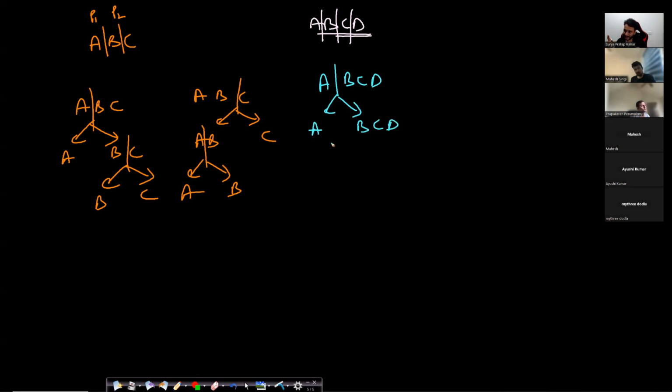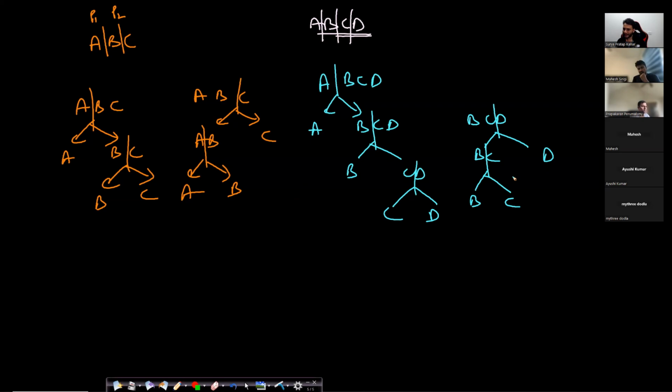And even inside the one tree, there can be multiple other trees. Like if I look at BCD, you can make B with CD and then C and D going on one side. Or you can separately make BC go on one side, D on the other side, and then B and C. So you see that even with the same partition point in the beginning, you have multiple internal trees.